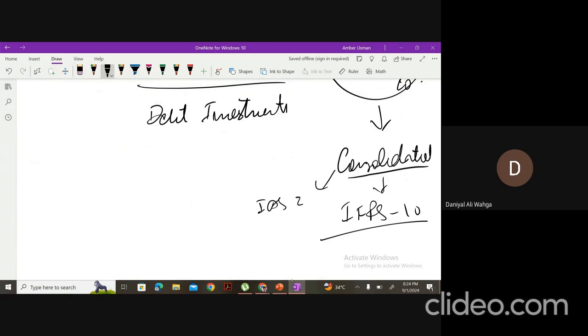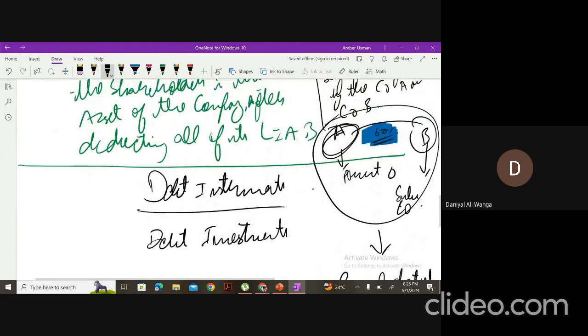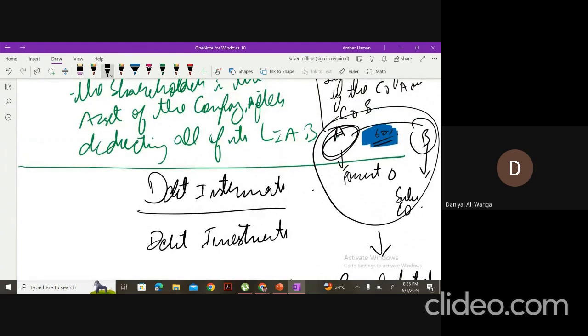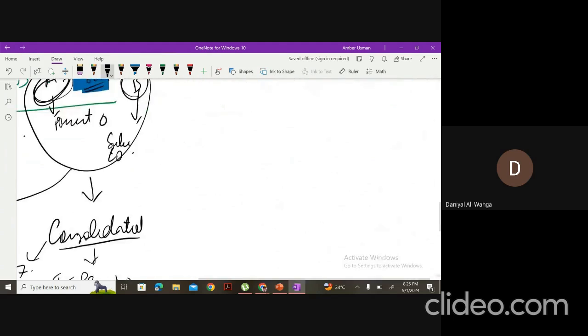Some features of IAS 27 will be considered, as well as the business combination. So in these circumstances, company A will become the parent company, company B will become the subsidiary company, and both of these companies' individual financial statements will now be consolidated. Both of these companies will now be considered as a group.